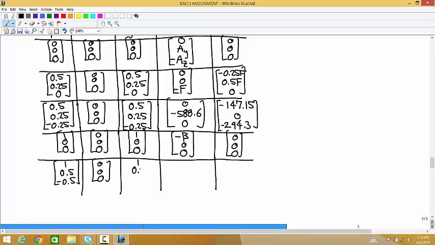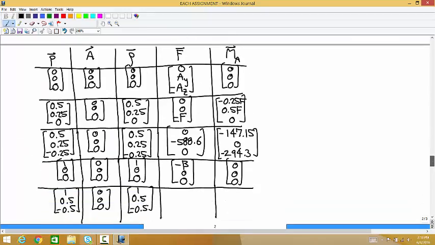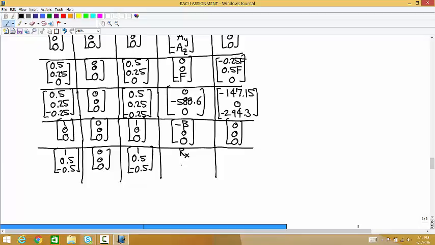Row vector is 1.5, negative 0.5, and the force vector is Rx, Ry, 0. If you take that cross product, I believe you get 0.5 Ry, negative 0.5 Rx, and then Ry minus 0.5 Rx.